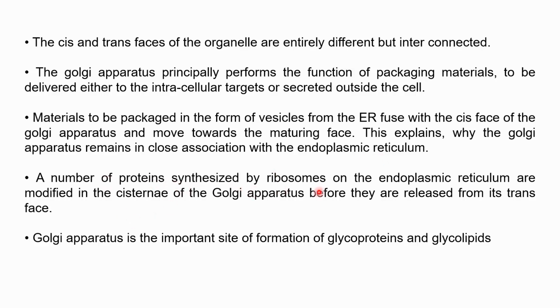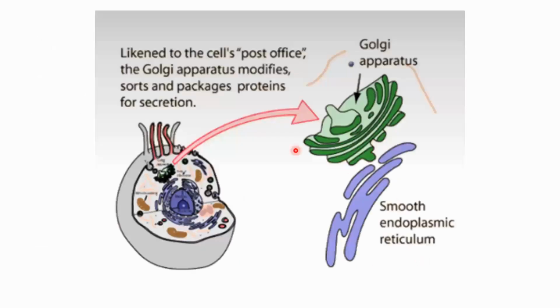A number of proteins synthesized by ribosomes on the ER are modified in the cisternae before they are released from its trans face. So sometimes protein modification may also take place in the Golgi complex depending on the type of protein. The Golgi apparatus is an important site for the formation of glycoproteins and glycolipids. You can say it is a kind of post office where the Golgi apparatus modifies, sorts, and packages proteins for secretion, like which protein is to be transported where.